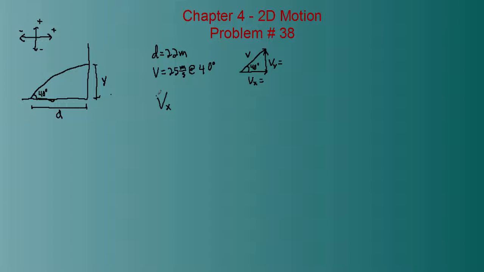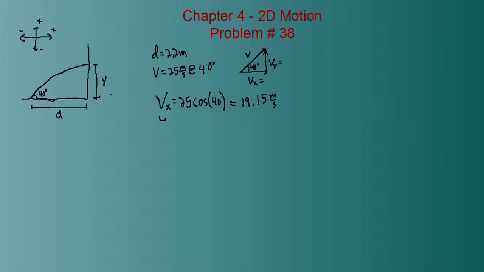Vx equals 25 cosine 40, and just a quick little review for you, that's because the x component is adjacent to the 40 degree angle, so that's cosine. Don't forget to be in degree mode. This gives you 19.15 meters per second.